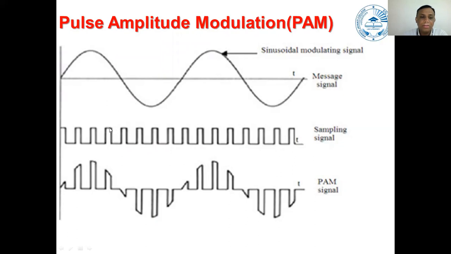The amplitude is now decreasing, so here the amplitude is decreasing, even to negative values, and the amplitude of these pulses follows the negative values. So you can see that the amplitude of these carrier pulses is varied with respect to the modulating signal by keeping the width constant.